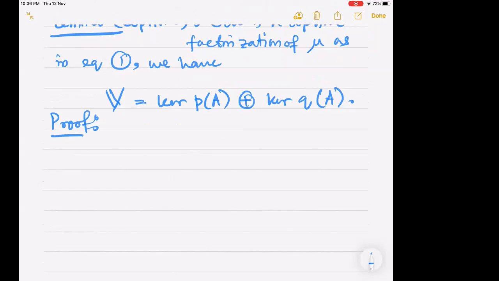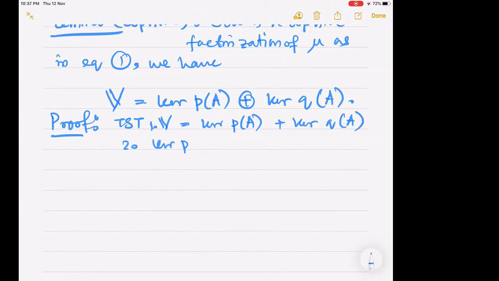The first thing is to show that V is equal to kernel PA plus kernel QA. The second thing is that the intersection of kernel PA and kernel QA is trivial. These are the two things that we have to show.